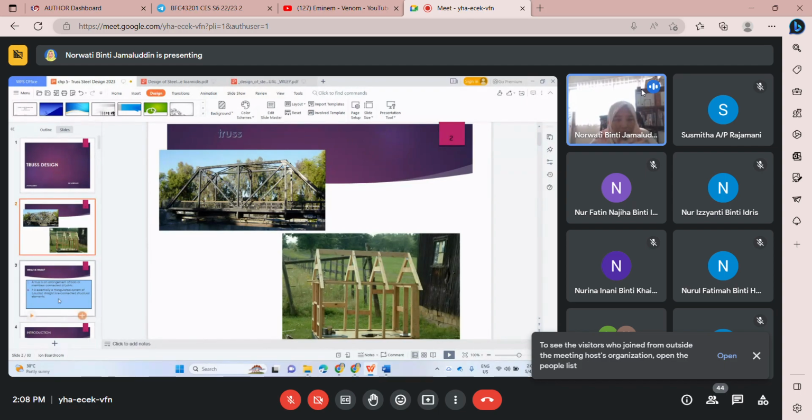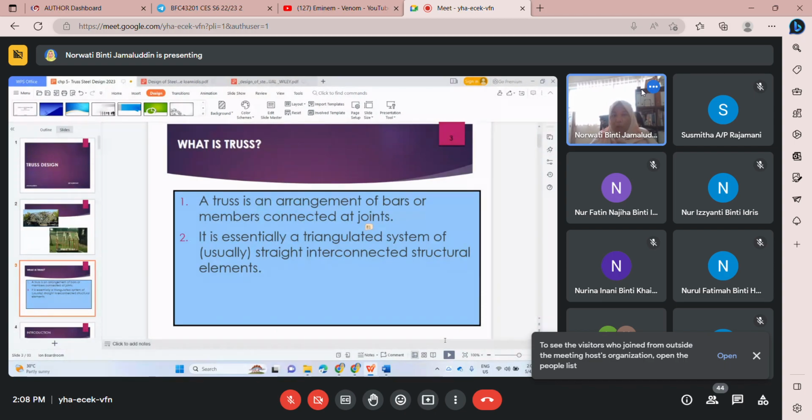Okay, so what is a truss? A truss is an arrangement of bars or members connected at joints. It is not always a bar; we can have another cross section too.